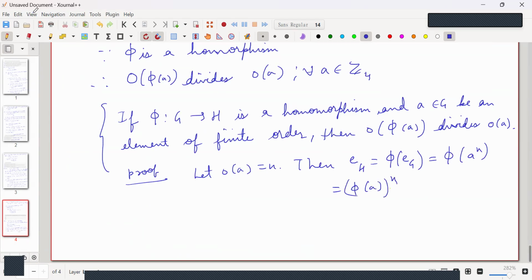And I have told you earlier that if some element raised to something is the identity, then that something has to be divisible by the order of that element.